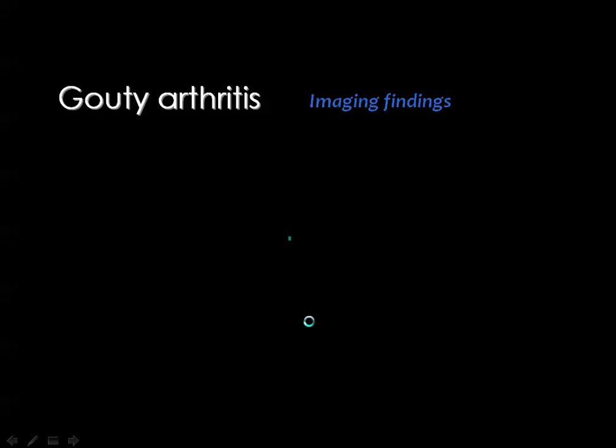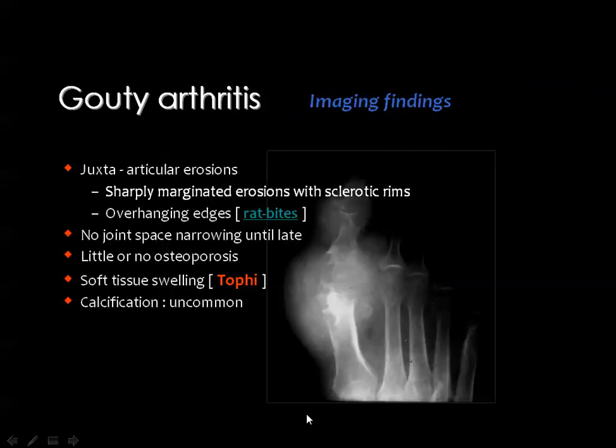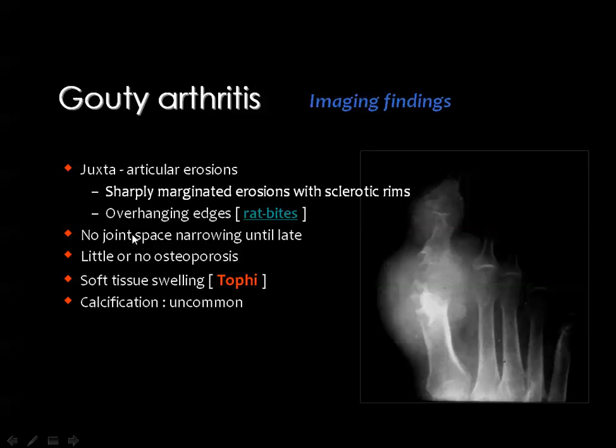If you look carefully here in the previous case, you see what is meant by the overhanging edge. Then joint space narrowing is very late, after destruction of the bone itself and the invasion of the joint. Little or no osteoporosis. This disease will not manifest by osteoporosis, and the crystal deposition will result in soft tissue swellings, which are known as the tophi, and these tophi are sometimes calcified.